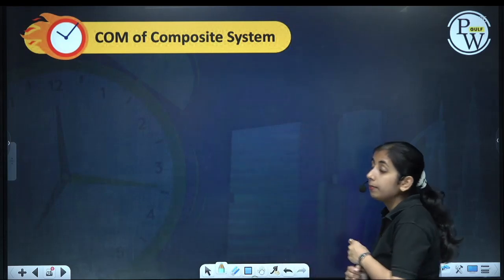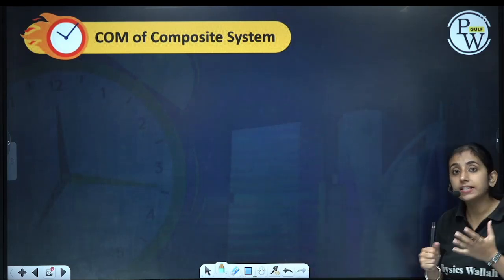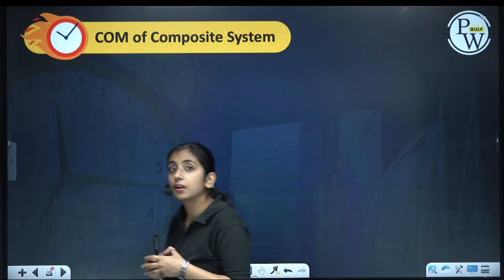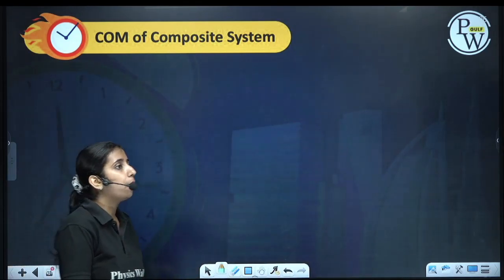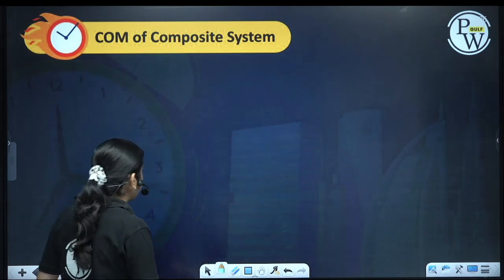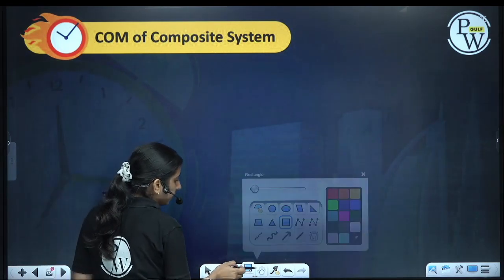Now let us come to the center of mass of composite systems. That is when a system is made up of more than one rigid body. So how do we find its center of mass?